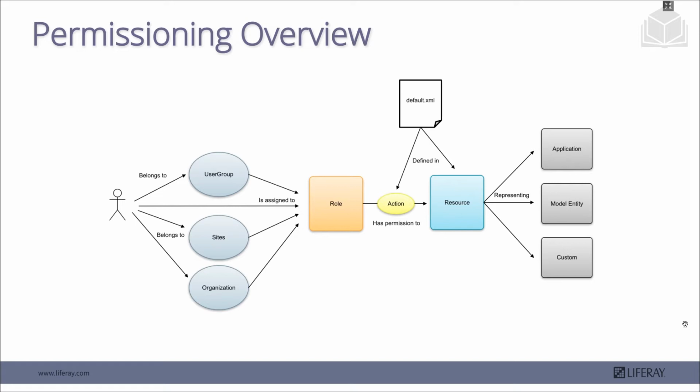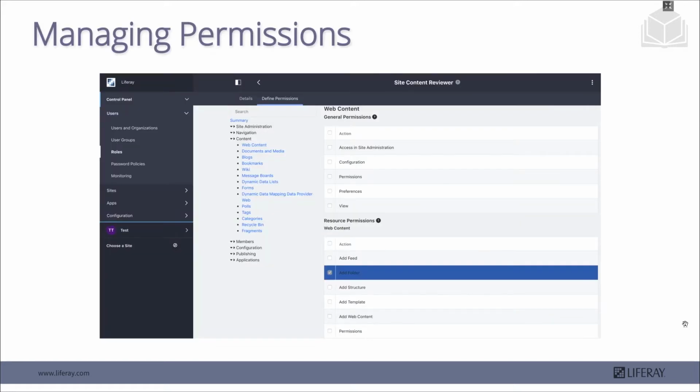The user can be directly assigned a role or be a part of something and inherit a role from that something. A role defines a permission, saying that you can perform a specific action on a resource, and depending on what type of resource we are defining, either an application or the model entity itself.